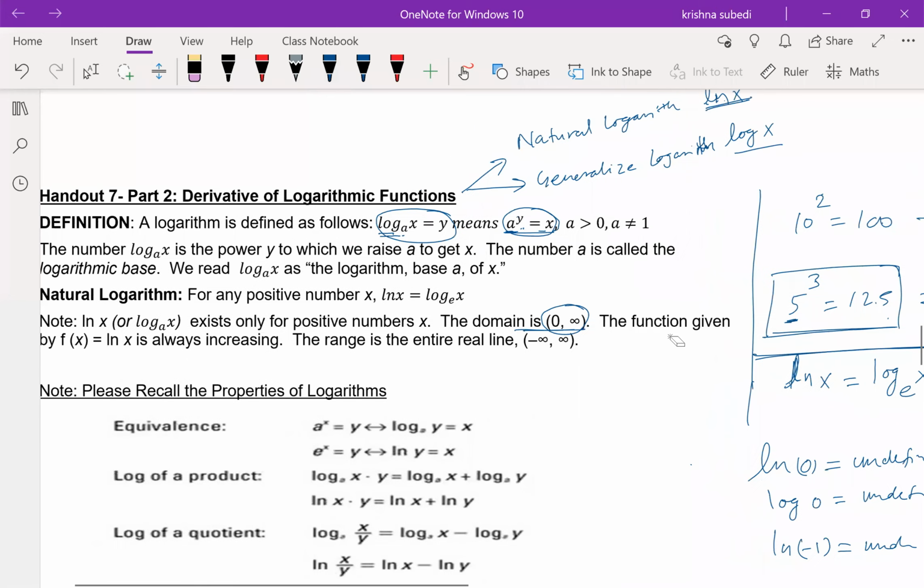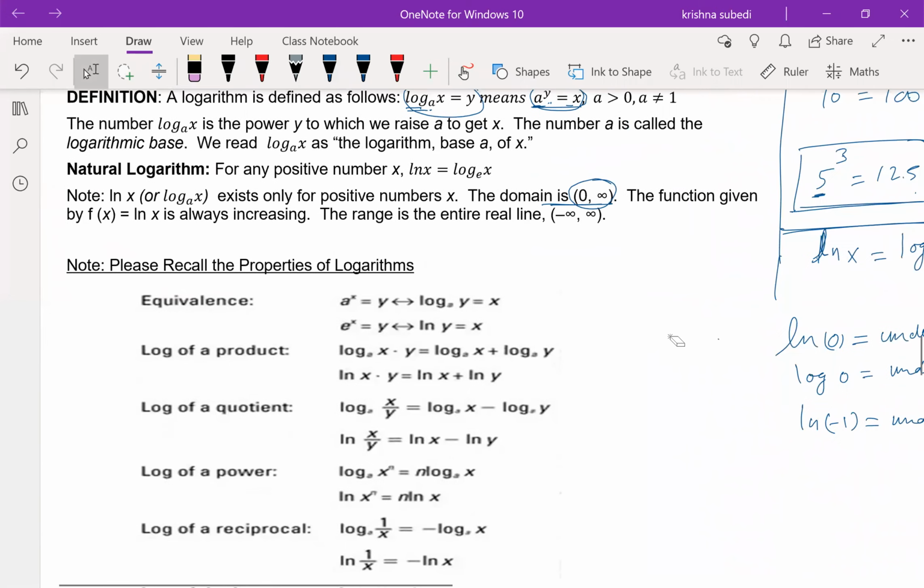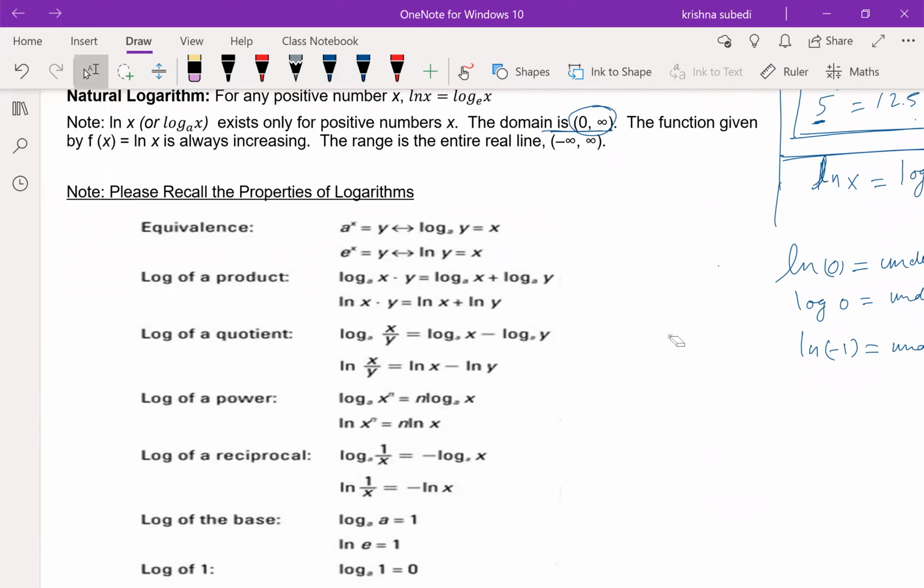Okay, now these are the properties I want you to recall from your high school. Product rule, log of a product. For example, if you have log to the base a of xy, it can be written as log to the base a of x plus log to the base a of y. This a is a constant, okay?